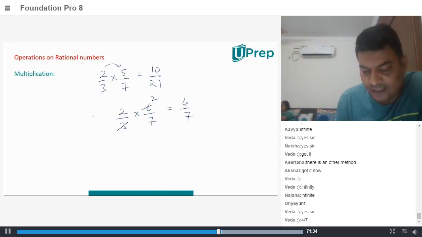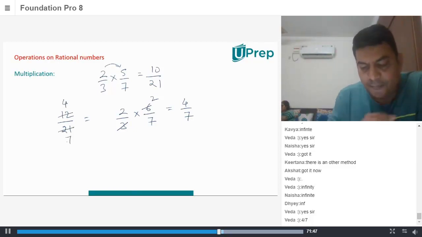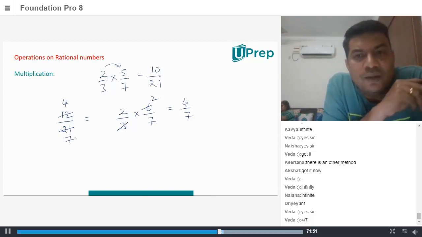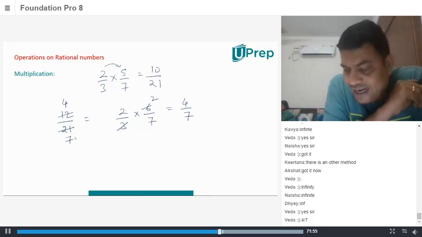If you were to do it normally, it is 2 6s are 12 by 3 7s are 21. But you can see there is a common factor between 12 and 21, which is 3. So 3 4s are 12, and 3 7s are 21. You have to simplify it further if they're asking us to simplify it, which would take more time. Wonderful. So everyone understands this.